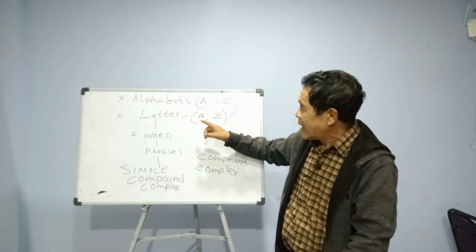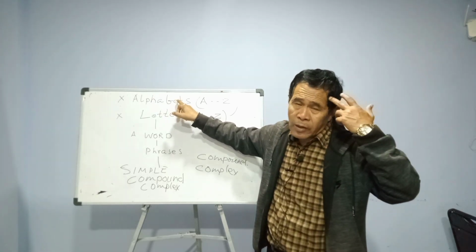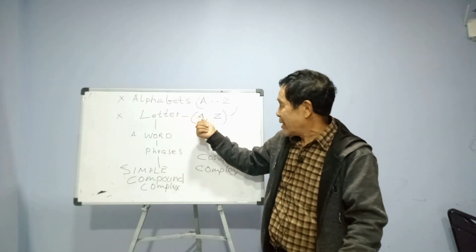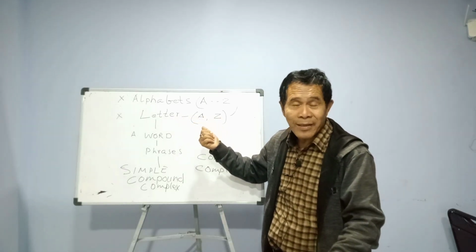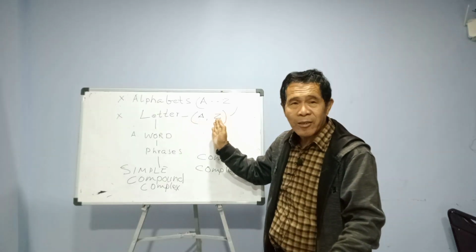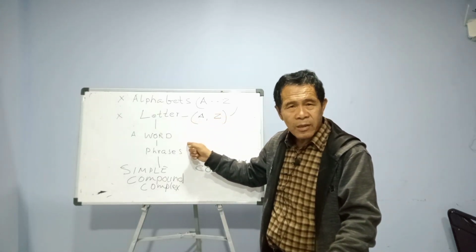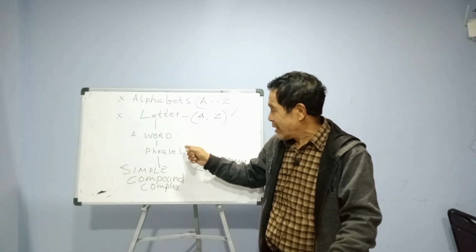When we go higher and higher, see here, alphabets, we have to know what is an alphabet. The next, letters. A letter. A, it's a name, but the sound is different again. Now word, a word. What is a word? How do we recognize it, while writing, while speaking?